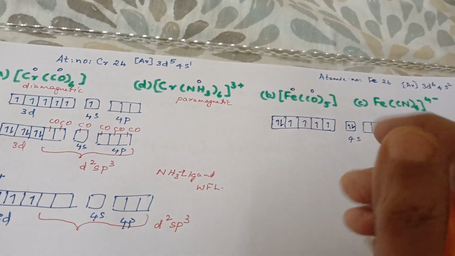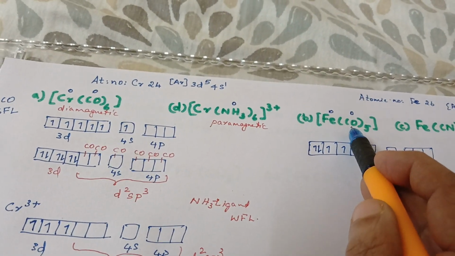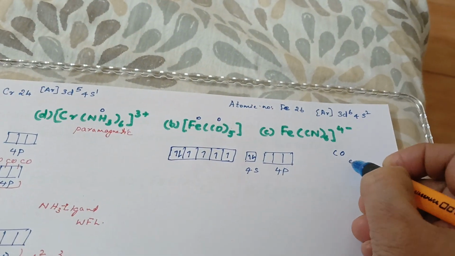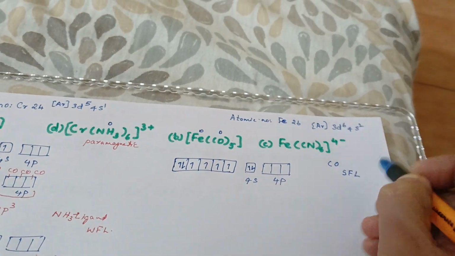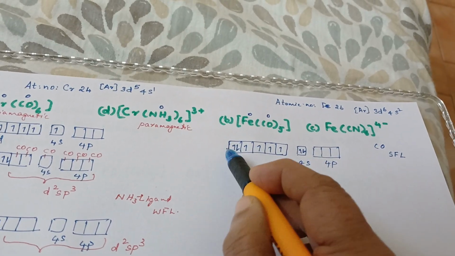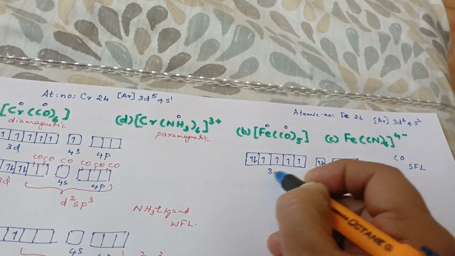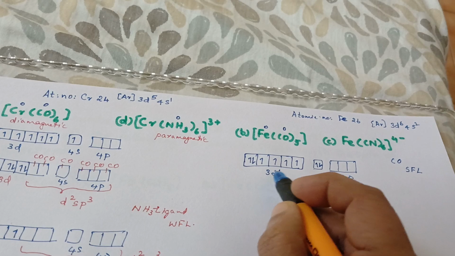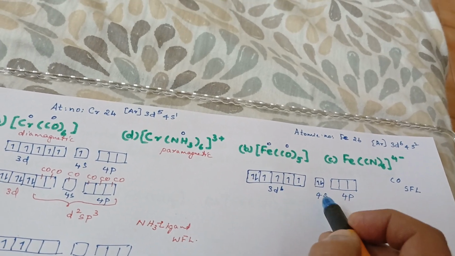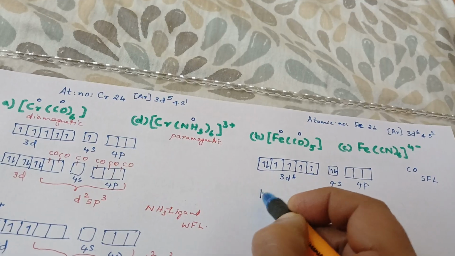Now the approaching ligands are CO. CO, as we said earlier, is a strong field ligand. So what will it do? It will make these electrons pair up. That is, the 6 electrons in the 3d orbital and the 2 electrons in the 4s will come together.